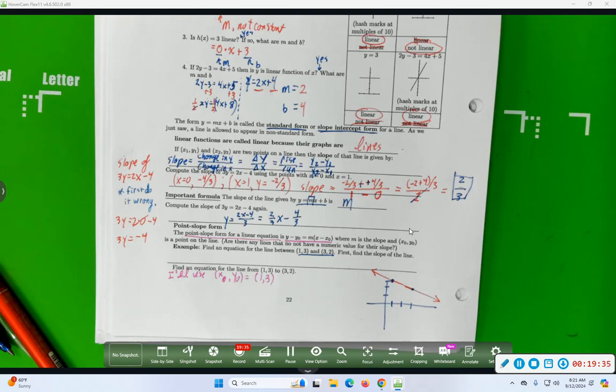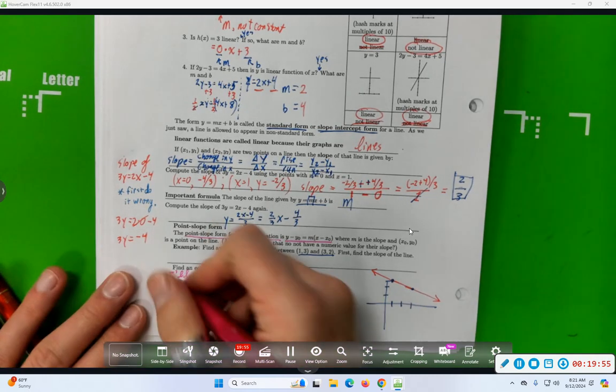See if you get the same end result. To do something in point-slope form, I need to find the slope. Is it easy to find the slope of this line? Or at least do I have enough information? Yeah, cool. So let's compute the slope.